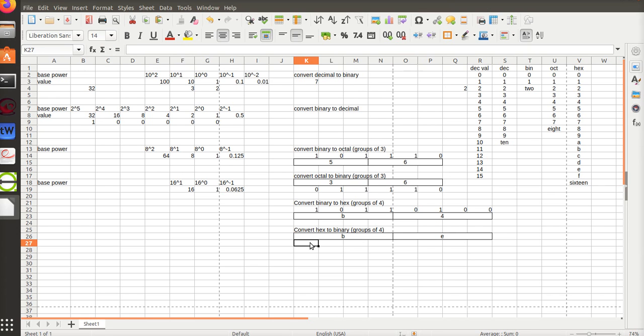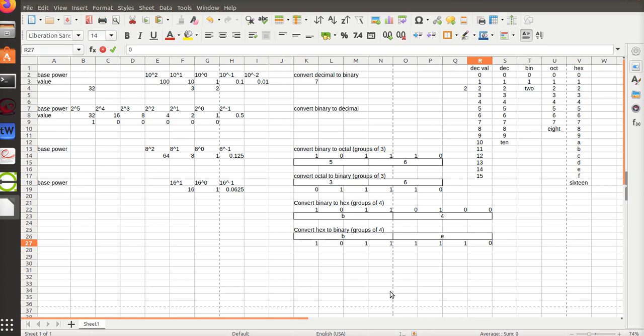So it's 1 0 1 1. E is 14, so that's 8 plus 4 is 12 plus 2 is 14 and no 1. So that would be 1 1 1 0. So that's that conversion.